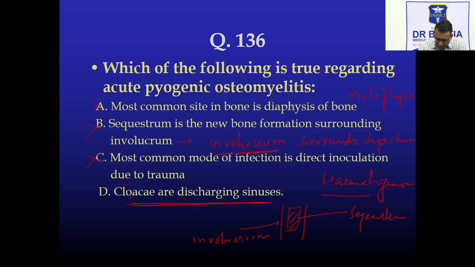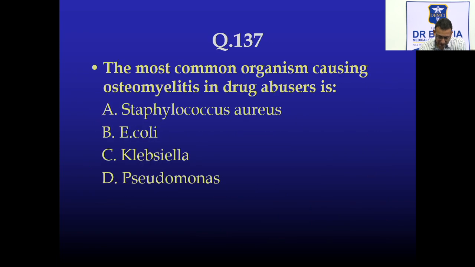So, whatever pus will be there around this area, that will be discharged through a hole in the involucrum. Okay, that hole in the involucrum is called cloaca. So, D is the right answer to this question number 136.